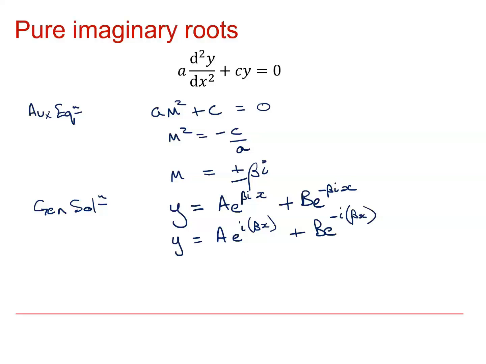And now these things look like complex numbers with an argument of beta x. And we can show that this is actually equivalent to y is equal to p cos beta x plus q sine beta x.